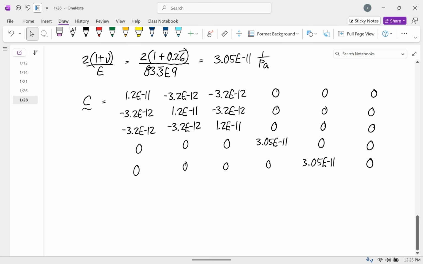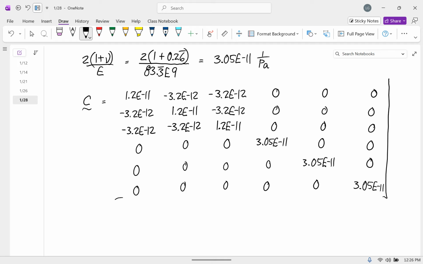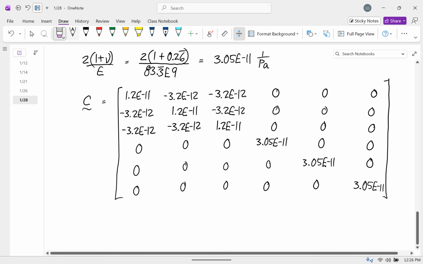And then the last one, all zeros except that value in the last spot. And all of this is in units of 1 over pascals.